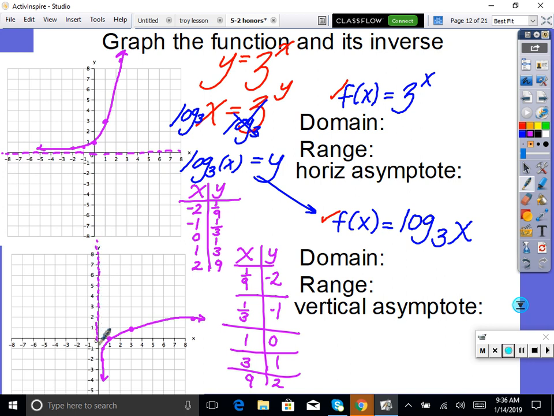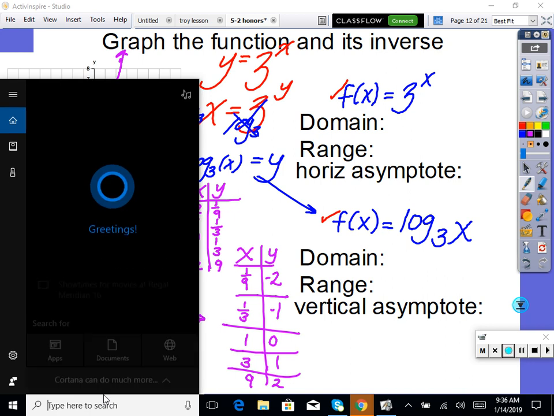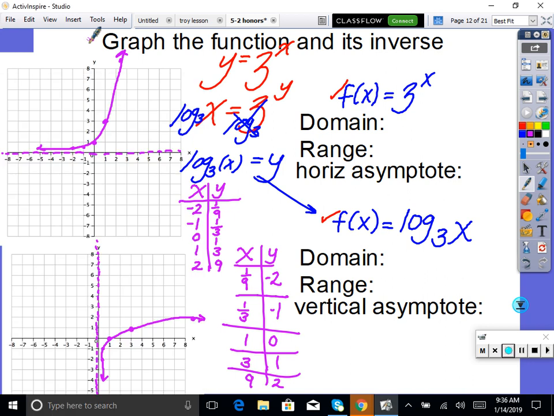Yep, it's at x equals 0. He's right. Because y is changing, but x isn't. Right, everybody? Does everybody see how this would now be a vertical asymptote for logarithms? So exponentials have a horizontal asymptote. Logarithms have a vertical one.